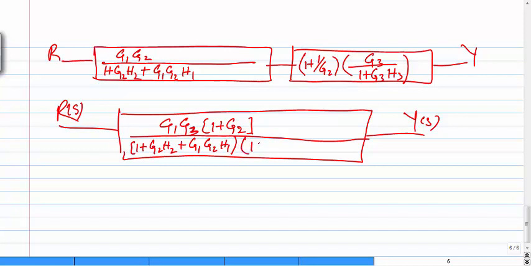Then we have 1 plus G3 H3. So this is the solution we get when we reduce the block diagram.